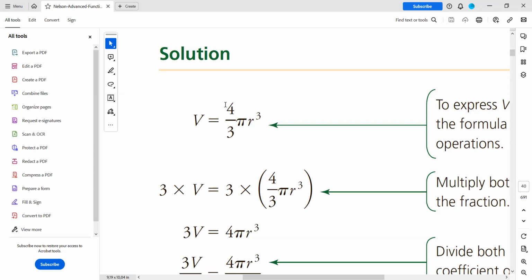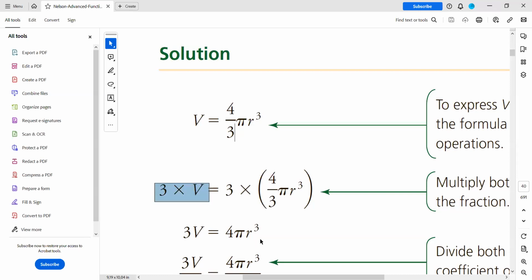You see, on the right-hand side, we have coefficient 4 over 3. It means that we have to start applying inverse operations. First one would be to multiply left and right-hand side by 3, right? Because here we divide by 3, so inverse would be multiplying by 3.